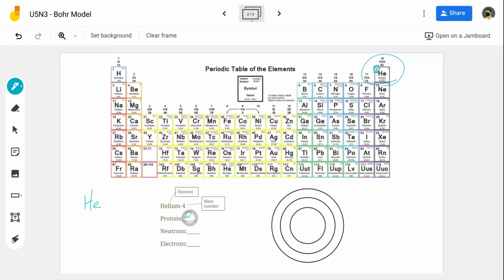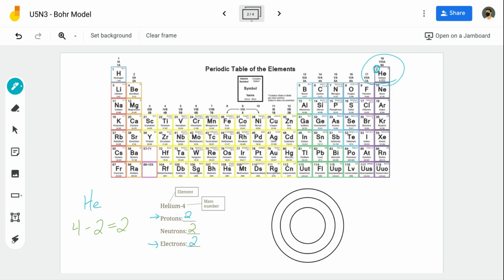So we have 2 protons, and then to find the number of neutrons, we're going to take the mass number of 4 minus the number of protons, which is 2, and we get that there are going to be 2 neutrons. And then for electrons, we're going to have them be equal to the protons. So we have 2 protons, 2 neutrons, and 2 electrons.